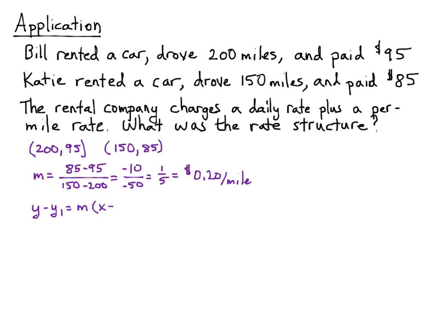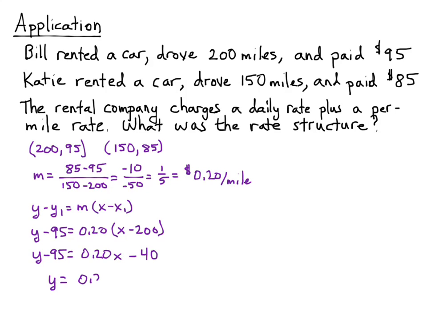Okay, so then we put this into our equation here. And we'll use one of the data points, the 95 and 200. And so we get this equation, y equals 0.2x plus 55. And so that means if you've driven 0 miles, you're paying $55.